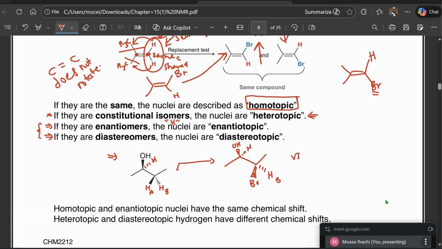Versus the other way. This time, I'm keeping HA and replacing HB with a bromine, or chlorine, or deuterium D, doesn't matter. What is the relationship between these two? We are still using the replacement method.